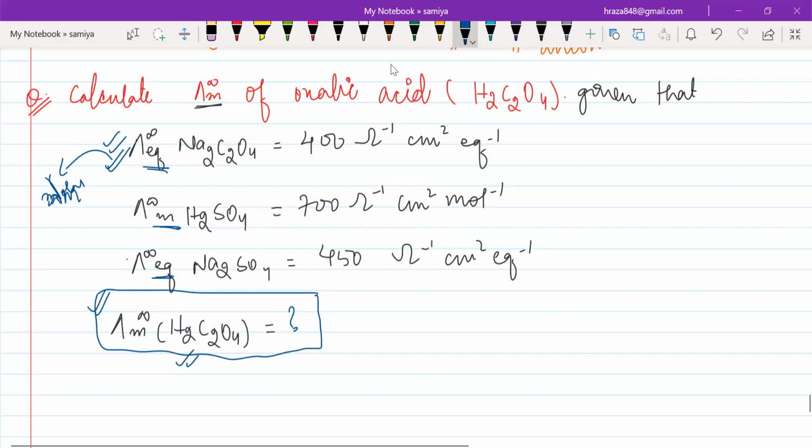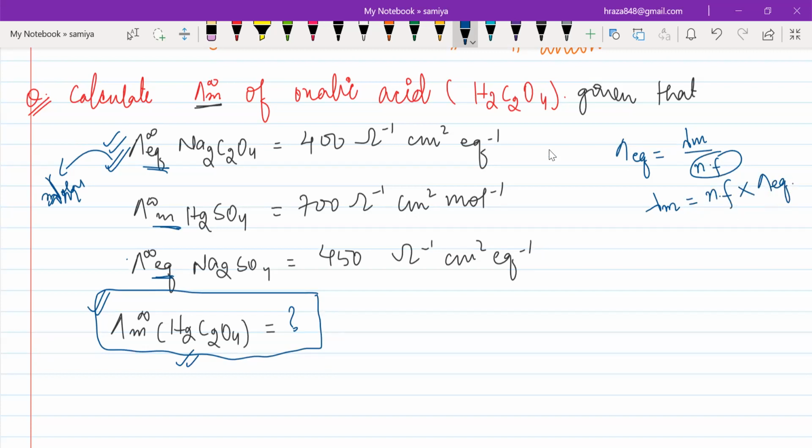Now, I have given you a relation: lambda eq is equal to lambda m upon n factor. N factor is basically charge. So lambda m will be equal to n factor into lambda eq, for this as well as for this. What will be the n factor?